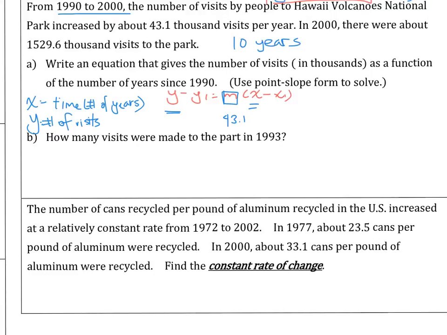And then by 2000, the visits resulted in 1,529.6. So here we can come up with a point. So now we can plug it into the point slope form.